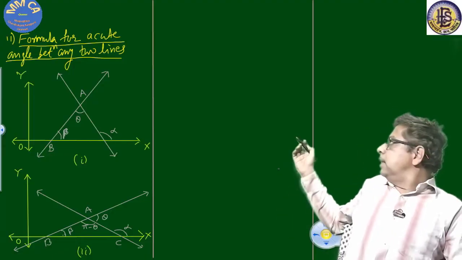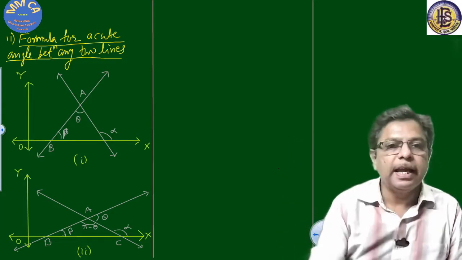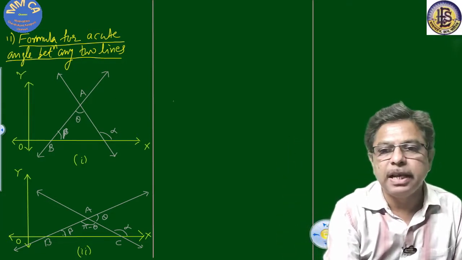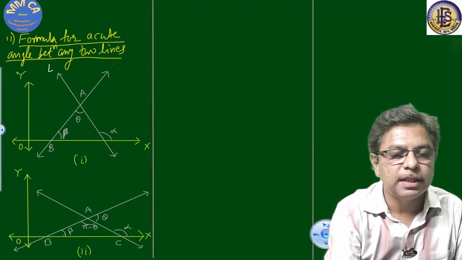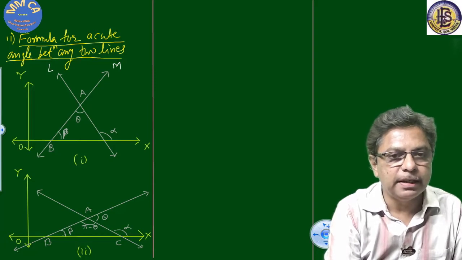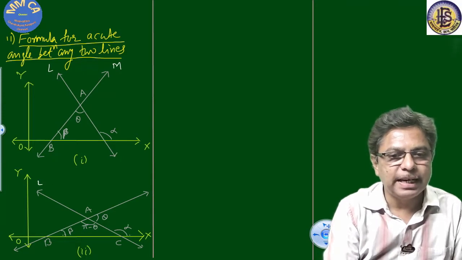Now we have considered those two lines L and M. This is the line L, this is the line M. It makes inclination alpha, and the other makes inclination beta. Same for the second case. This is alpha and this is beta.